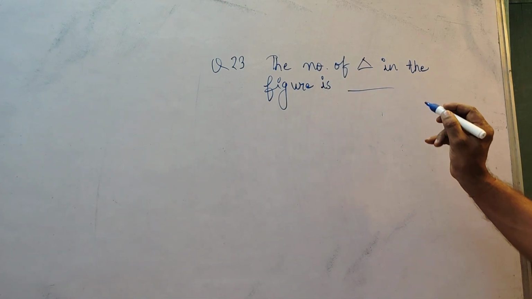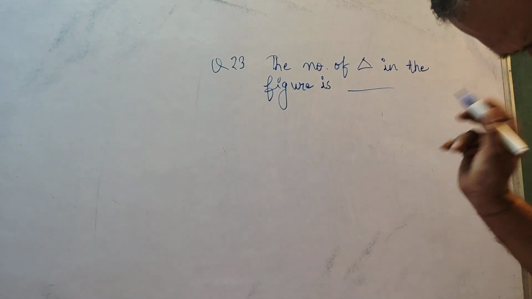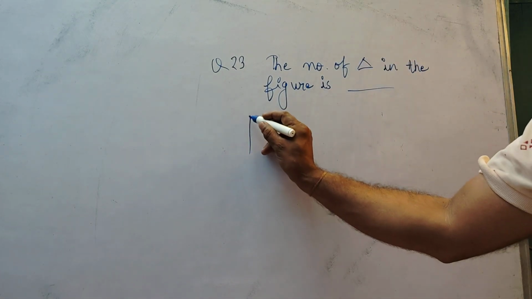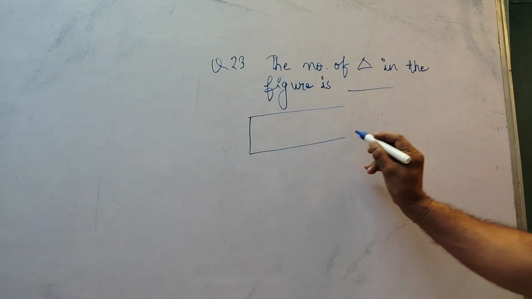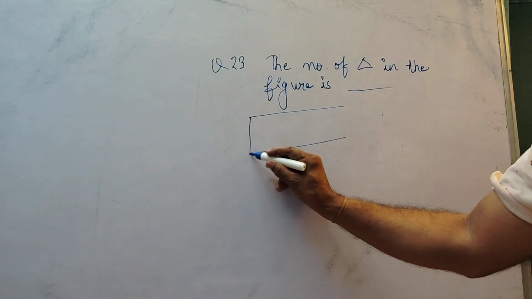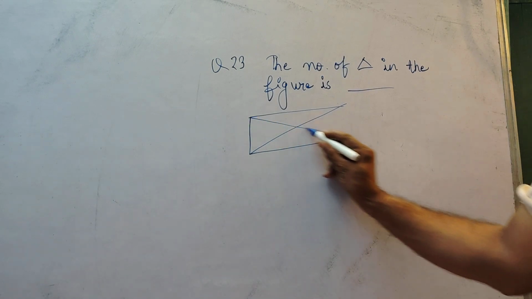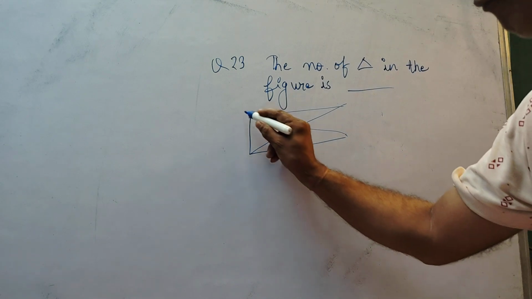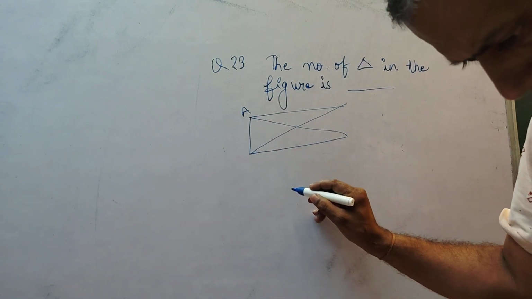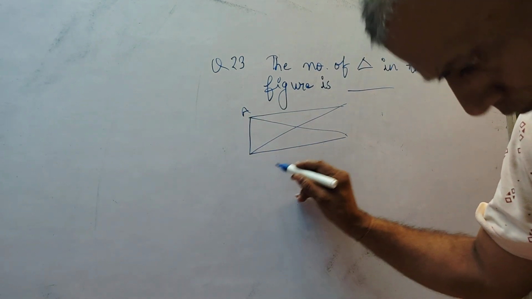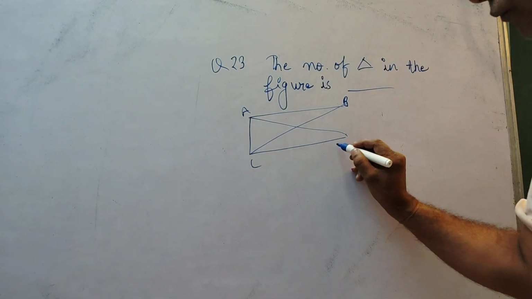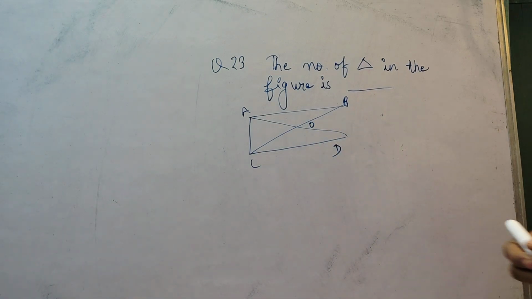There is the figure given, figure number 2.17. So we can say, how many number of triangles? Is it 8? Now can we count?